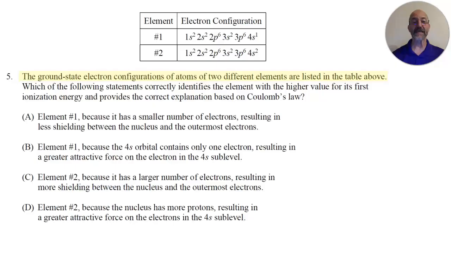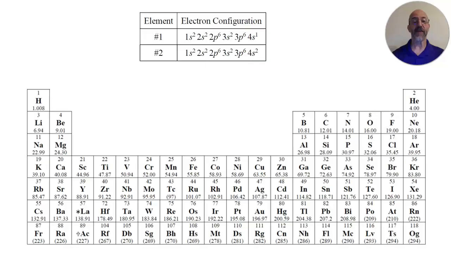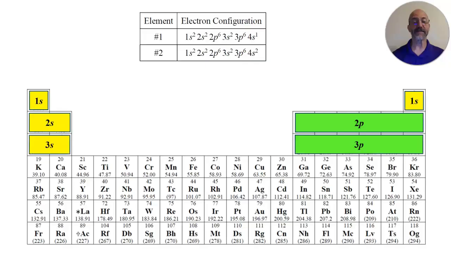Well, before we consider ionization energy, let's begin by identifying these 2 elements that are labeled as number 1 and number 2. We can see that they both have electron configurations that begin with 1s2, 2s2, 2p6, 3s2, and then 3p6.